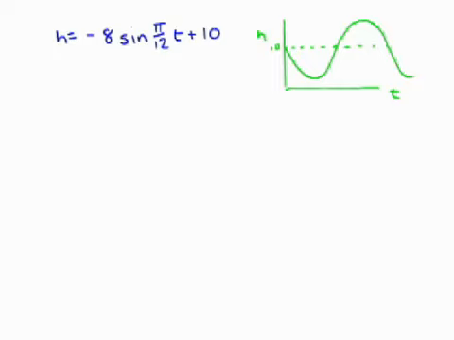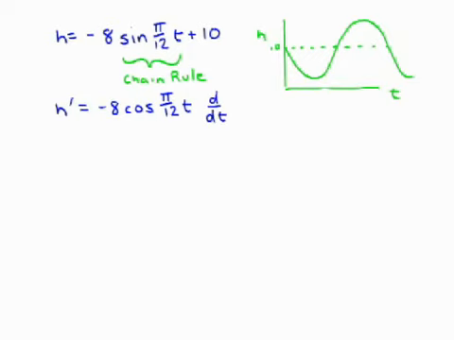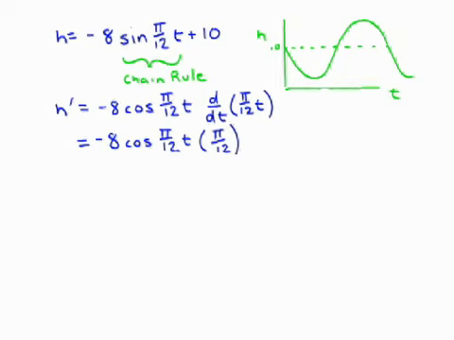When we take the derivative of this function, we have to be careful to use the chain rule. Our h prime is going to be equal to -8 cosine of pi over 12 times t times d dt of pi divided by 12t. That's the derivative of the inner portion. We end up with -8 times the cosine of pi divided by 12t times pi divided by 12.